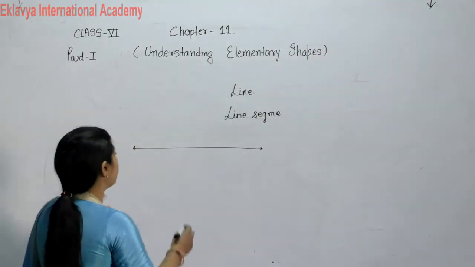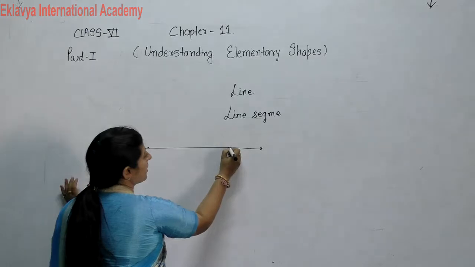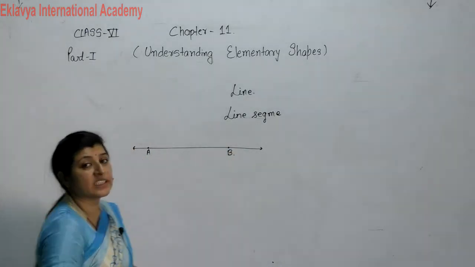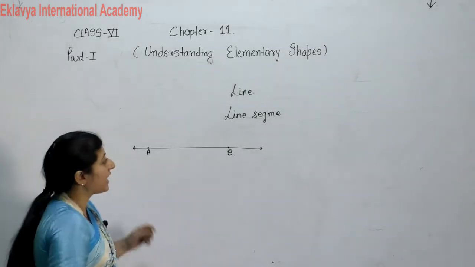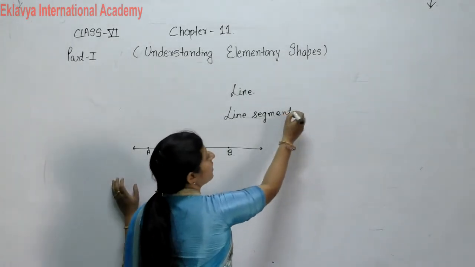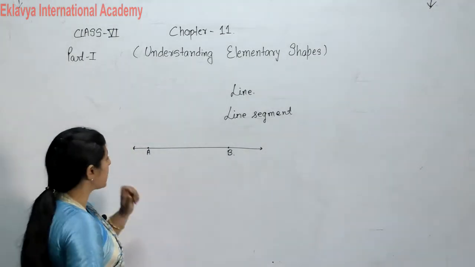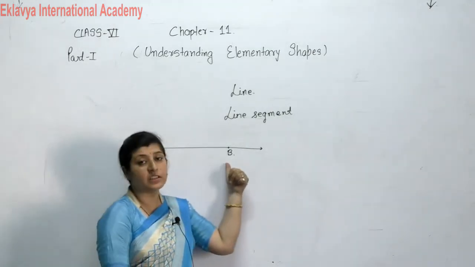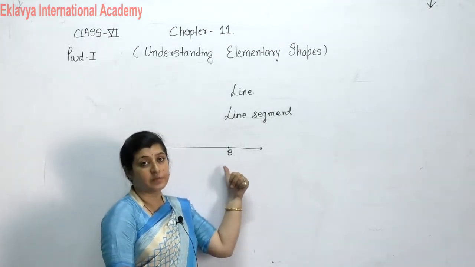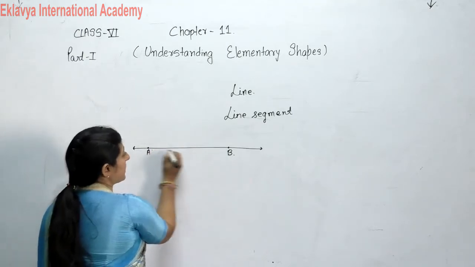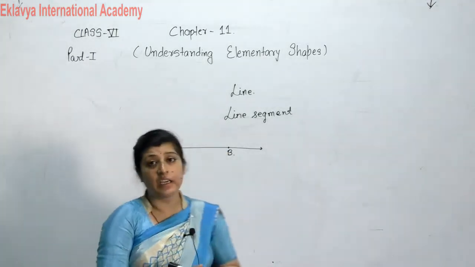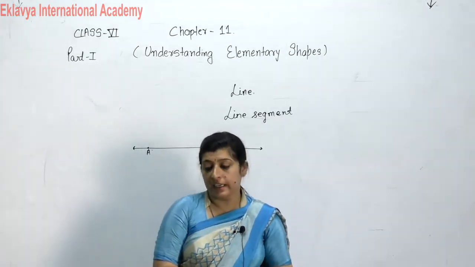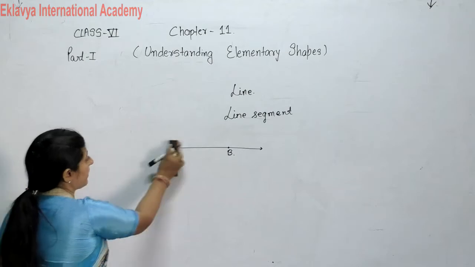But when we take one particular length of this line, this is called a line segment, and a line segment has two end points. It means we can know from where this line will start and where it will end. So see here how we can find out the length of the line segment.